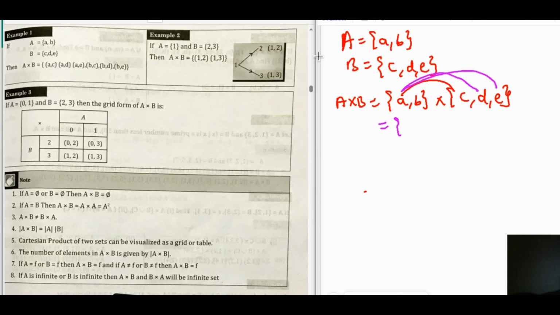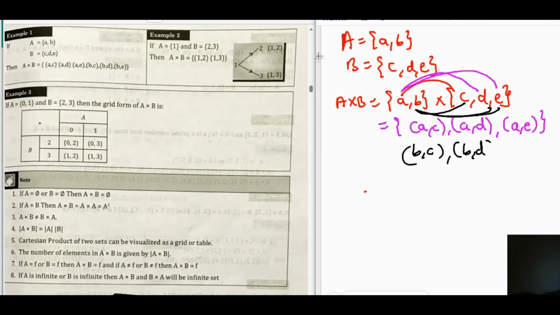That will be (a, c), then (a, d), then (a, e). In the same way, we take the second element with the first, the second, and the third. So that will be (b, c), (b, d), and (b, e). So this is nothing but what is called the Cartesian product.